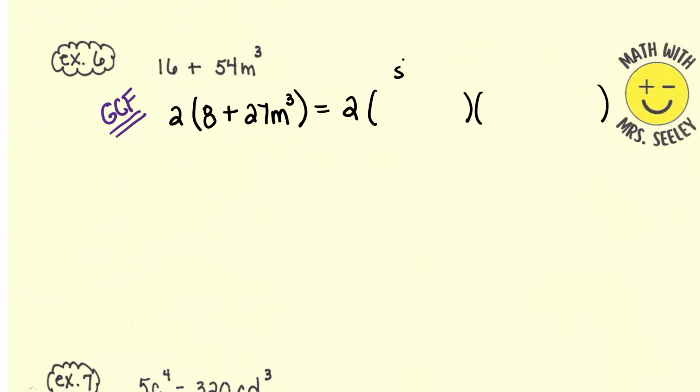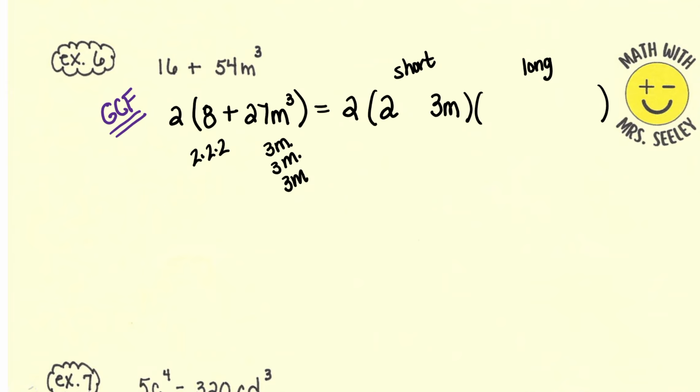and long. All right, in the short, you're going to come over here and you're going to ask yourself, what did I cube to get 8? Well, that's 2 times 2 times 2. So I'm going to put a 2 there. And then I'm going to look right here and say, what did I cube to get 27m cubed? And that's 3 times 3 times 3 and m times m times m. So 3m times 3m times 3m.